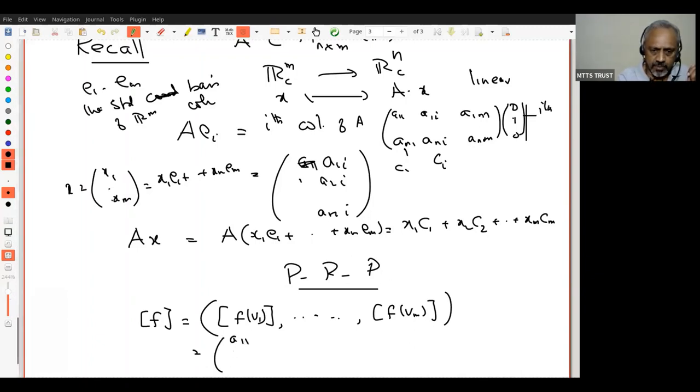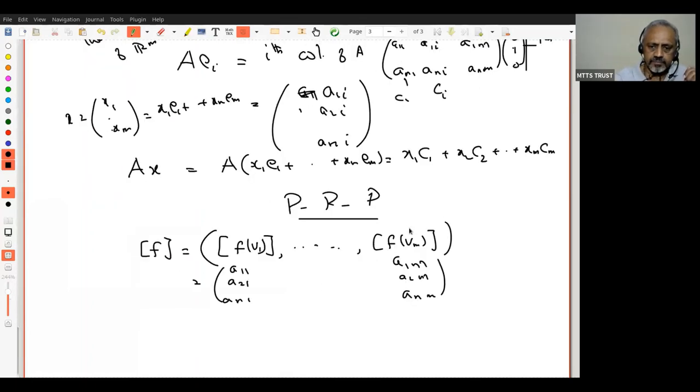This will be A11, A21, and An1, and so on, A1m, A2m, and Anm. Yeah, that's how we construct the matrix. You understand that? Write F of V1 as a column vector in terms of W1 to Wn. You understand this?